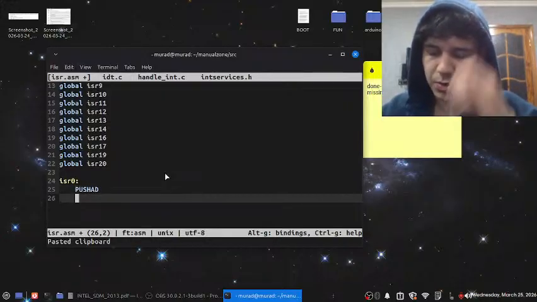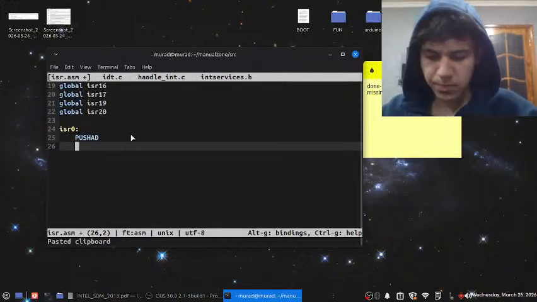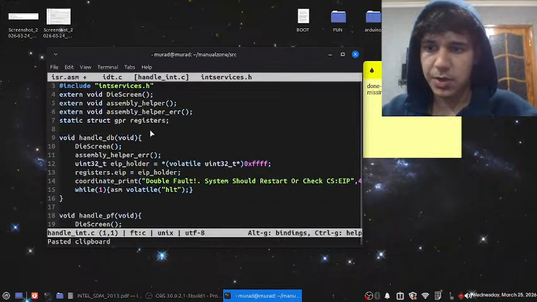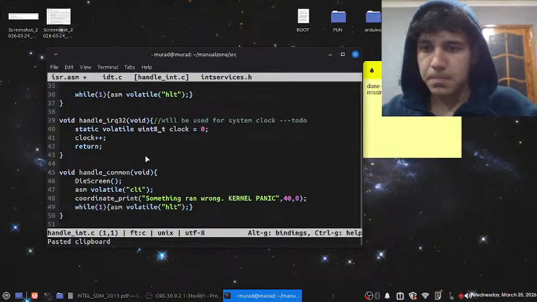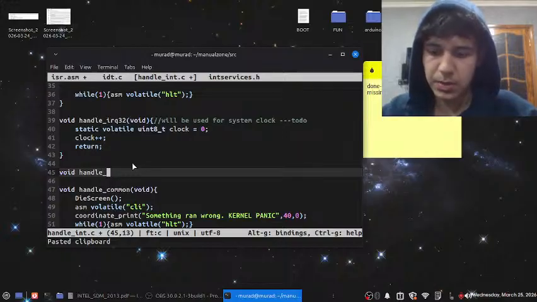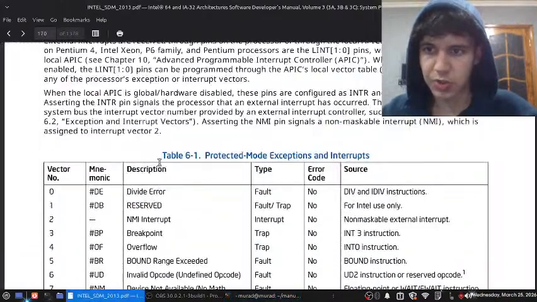Let's keep the registers in the stack. Int services.h, handle int, handle db, handle the division error. The user should be aware what the hell is going on in the system.